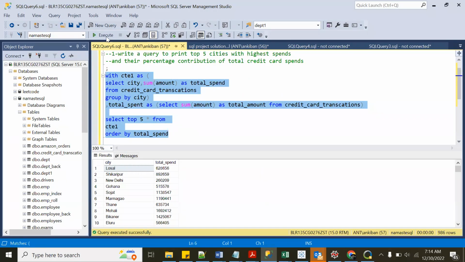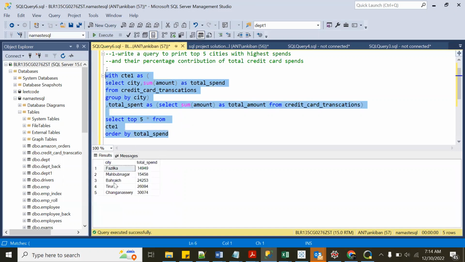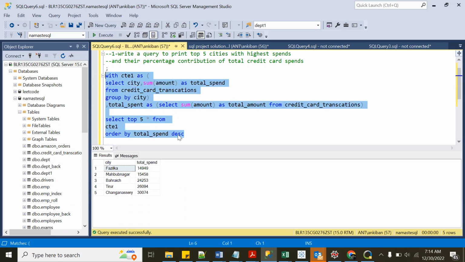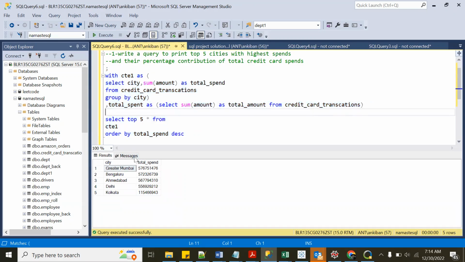Let's do it. So these are my top cities. Sorry, I have to do it in descending order. I can do ranking also using window functions, but this is also fine because I need it at overall level, right? So these are my cities with highest spend, top 5 cities.